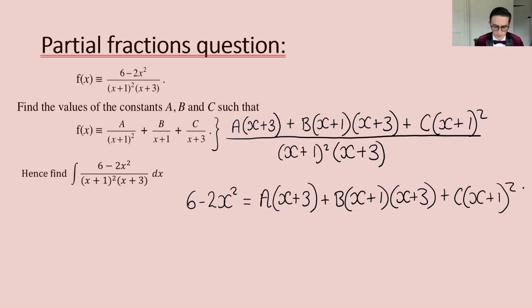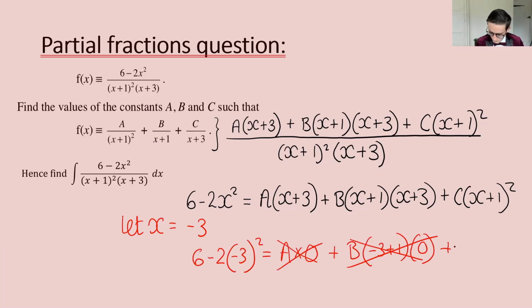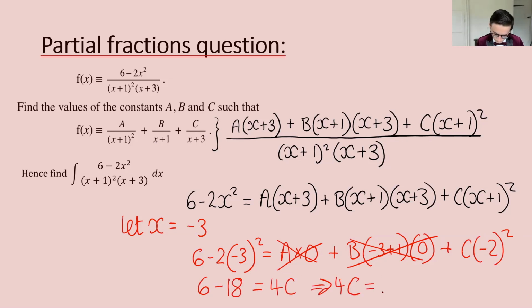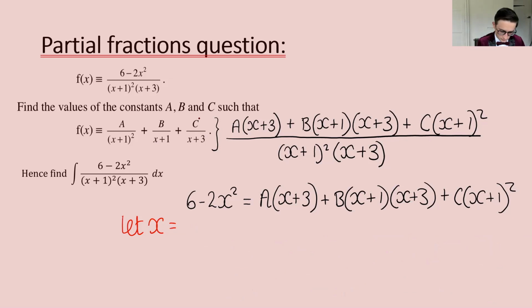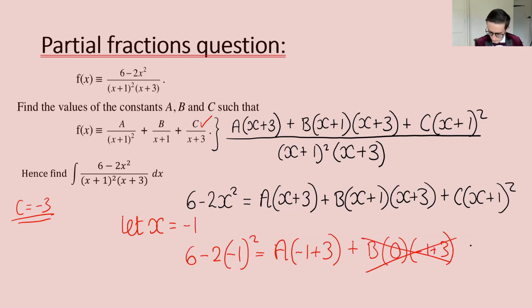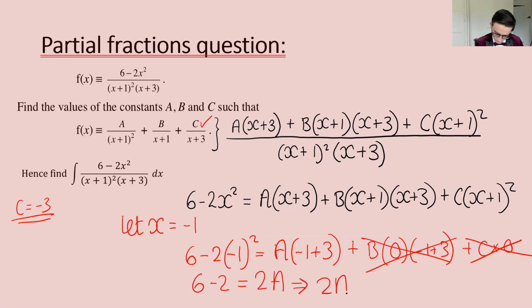Right, and by subbing in values cleverly, let's sub in x equals minus 3. So c is equal to minus 3. Let's let x equal minus 1. So a equals 2.